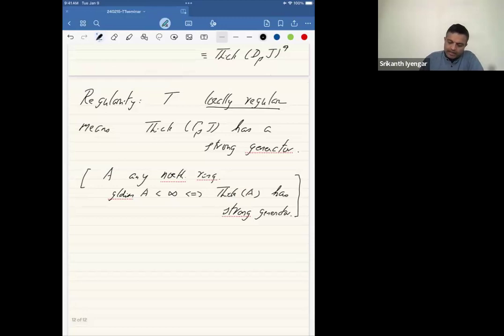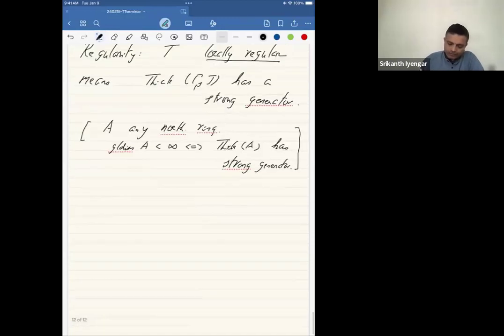And just like in the case of the derived category of the ring, the key consequence is that we get a cohomological criterion for detecting compactness in this category as well as local dualizability.